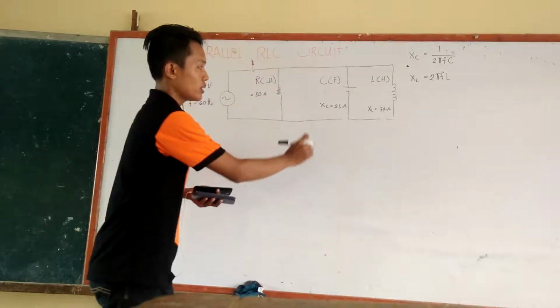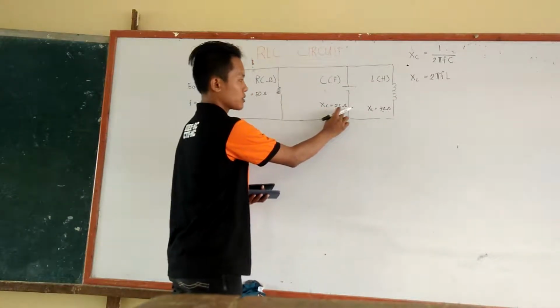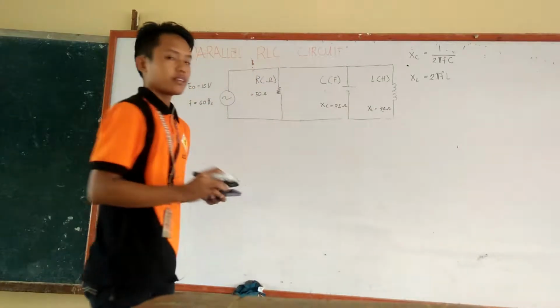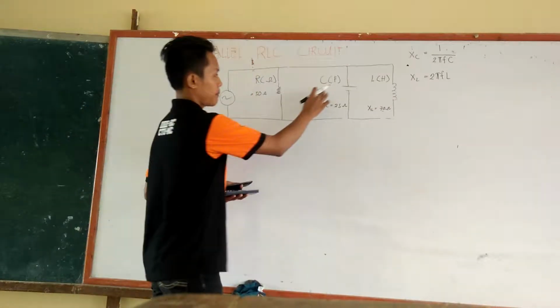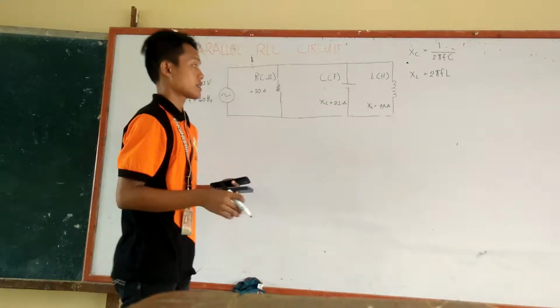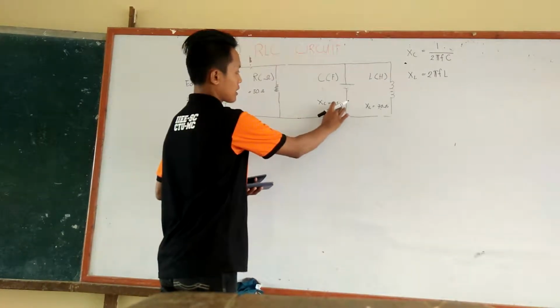Now, the unit of capacitive reactance and inductive reactance is ohms because it is the opposition of current in the capacitor. It means that it is also a resistance. That's why we're using ohms.